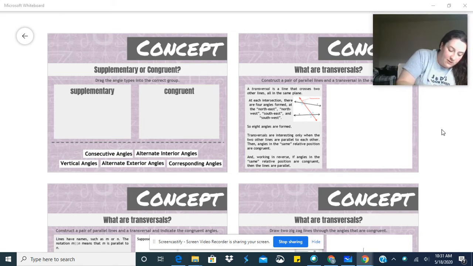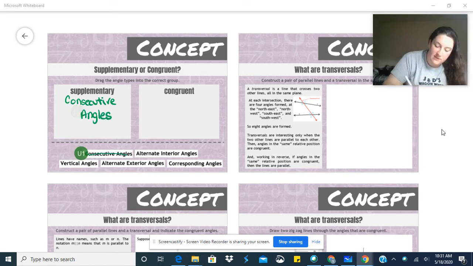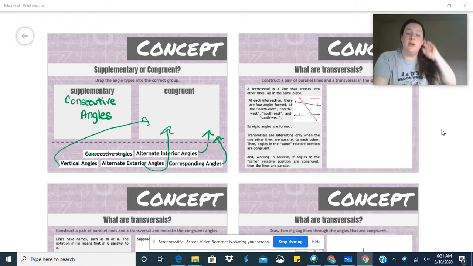Those are the angles that are right next to each other. So the rest of these will all go into here. Those are congruent, meaning they are the same amount or equal to one another, okay?